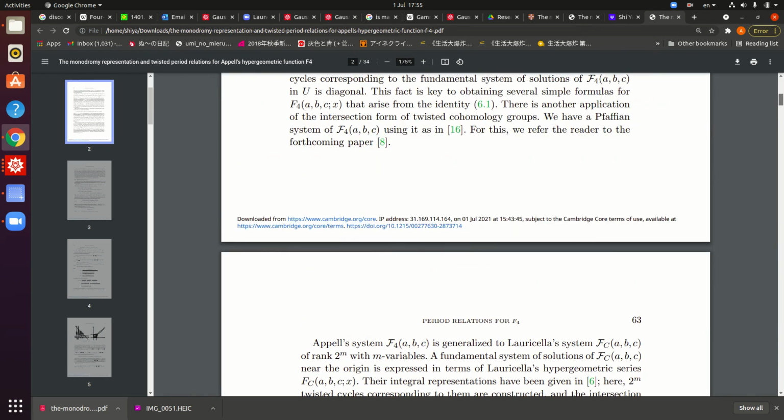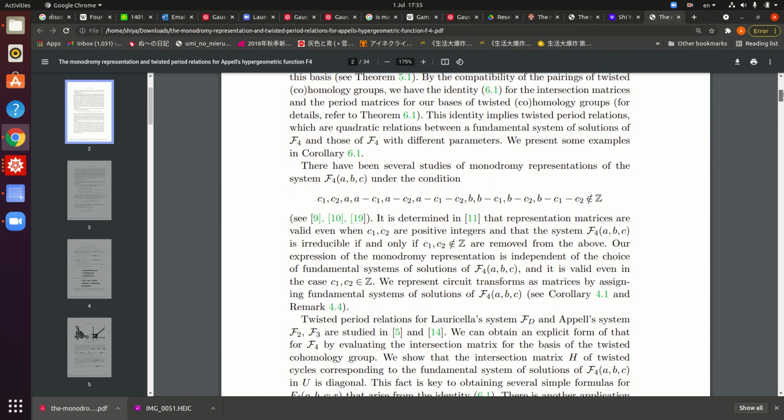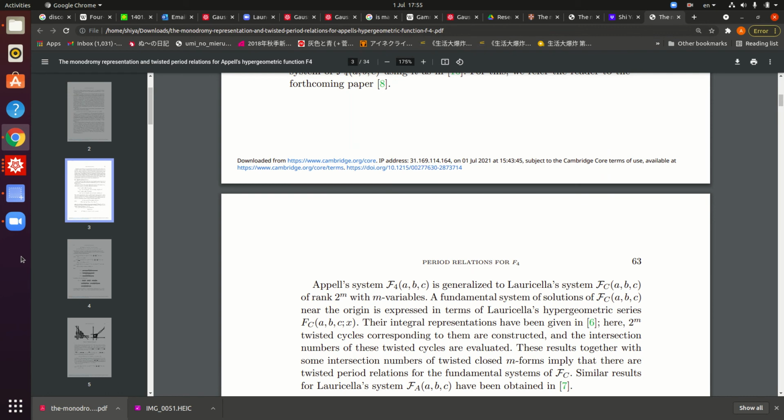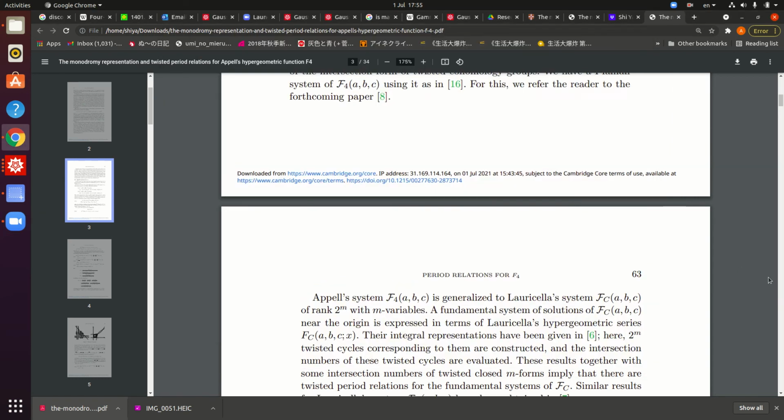This is a cohomology basis, as far as I see. Aris, do you agree with me that this looks like a cohomology basis? Yes. Yes.